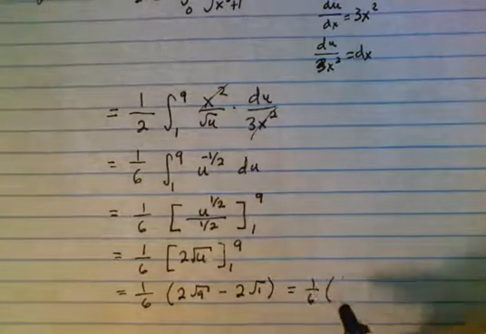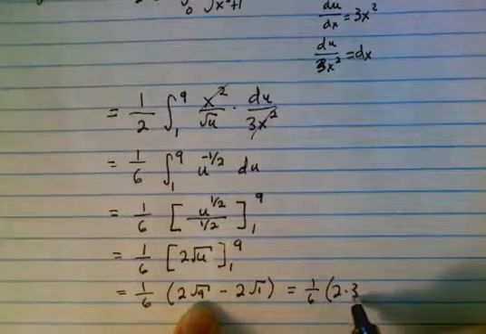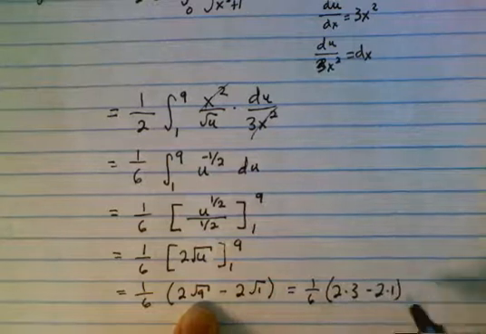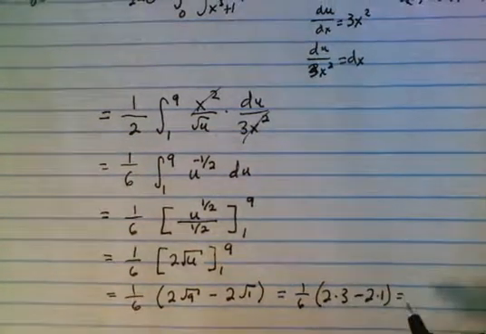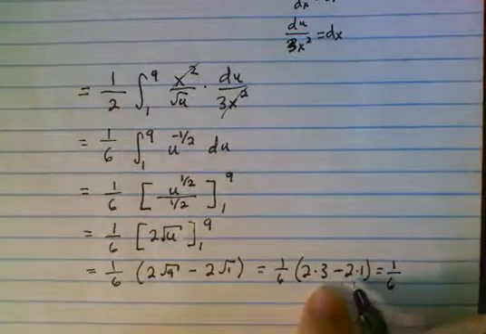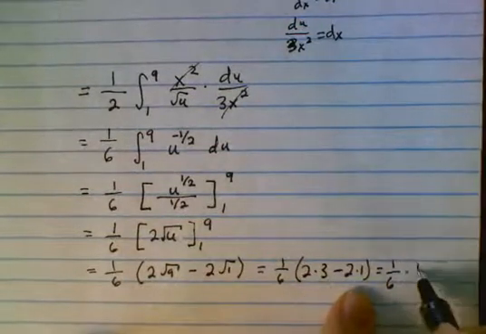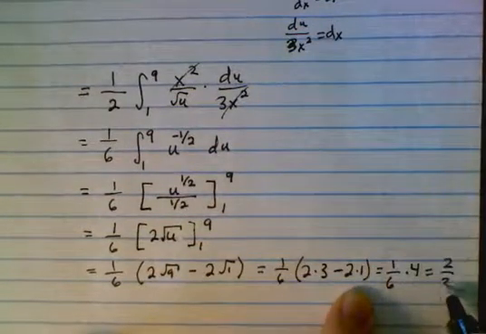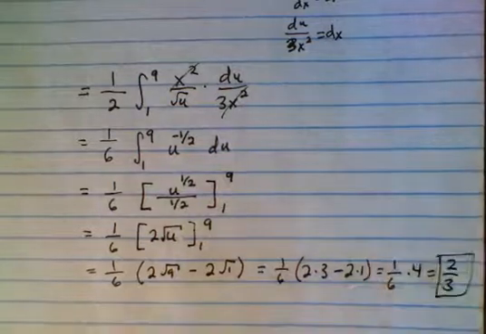That's 1/6 times 2 times 3 minus 2 times 1. That's 1/6 times 6 minus 2, or 4. And that's going to reduce to 2/3. There we go.